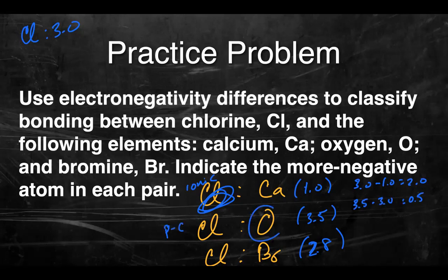Polar covalent. And this time, oxygen is the more negative atom. And finally, you have chlorine and bromine. So that's 3.0 minus 2.8. That is 0.2. And that puts you below the polar covalent into the non-polar covalent category. And again, chlorine is the more negative atom there.